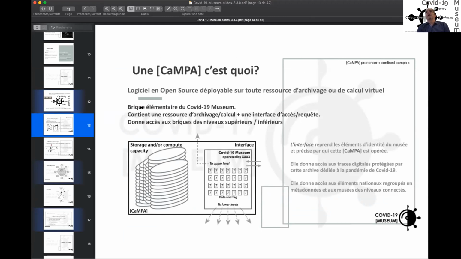It will have inside an interface to access the content of the COVID-19 museum, which is all the collections put together, and at the same time provide the computational resource to focus, using data science, on this data.